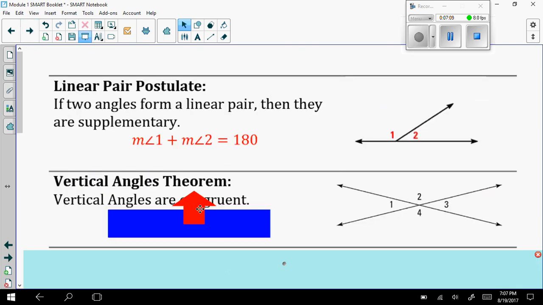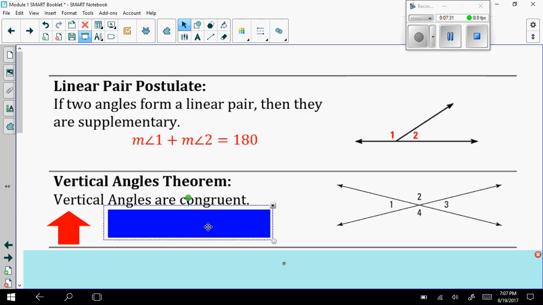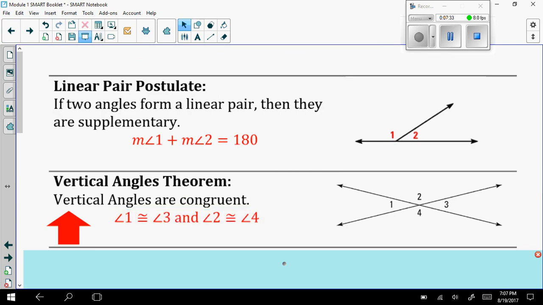Okay, so our vertical angles theorem. Vertical angles are congruent. So again, let's refresh our memory on what vertical angles are. It's two angles whose sides are opposite rays. So our opposite rays are here and here. And so here I have two sets, the purple and the blue. So what our vertical angles theorem tells us is that angle 1 and angle 3 in this picture are congruent, and angle 2 and angle 4 in this diagram are congruent.